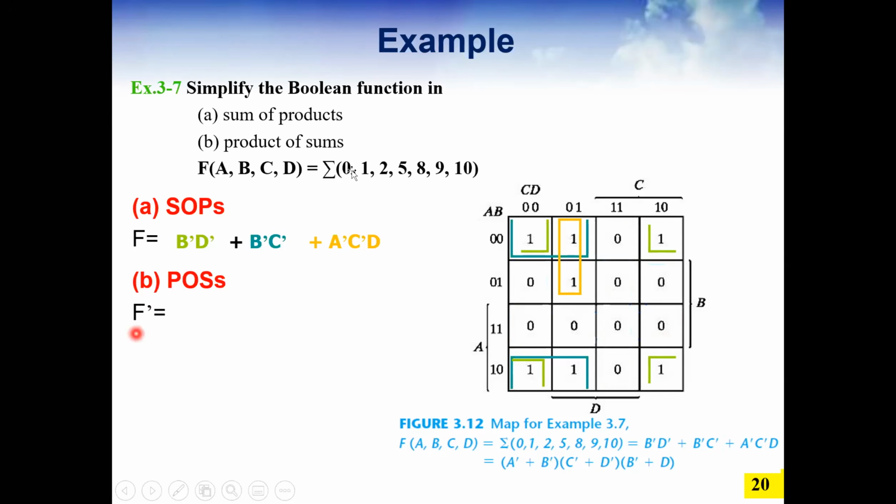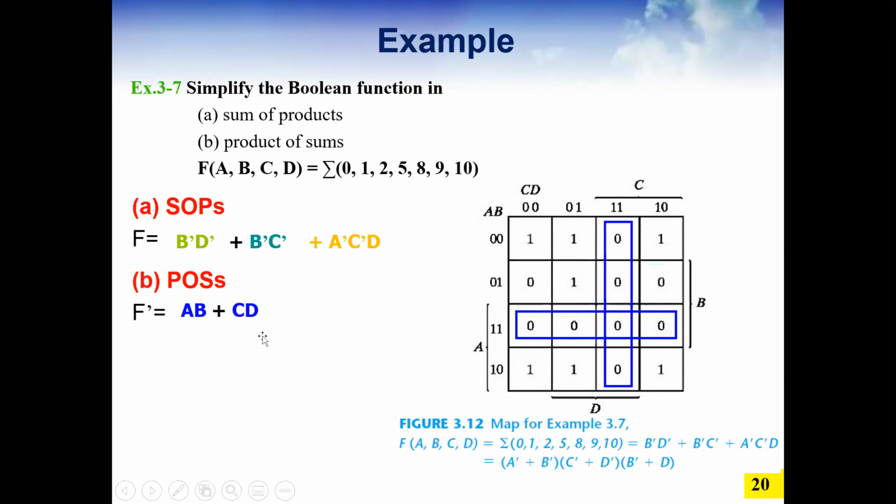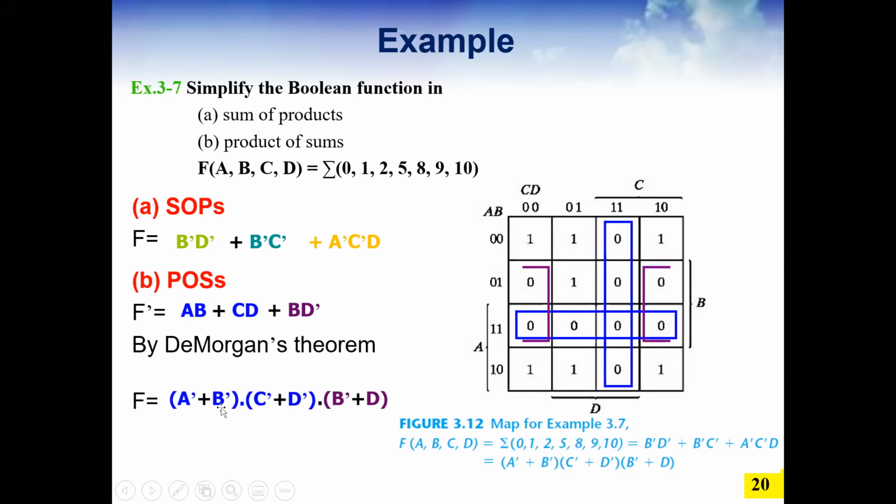Why? Because we are combining zeros rather than ones. See now, we are combining them and just reading the function the same way. So now it's the F complement function. We have to find the solution in POS, product of sums. Now apply De Morgan's theorem on both sides, and you will get your solution as a product of sums. I have covered this already, right? So this is the way.